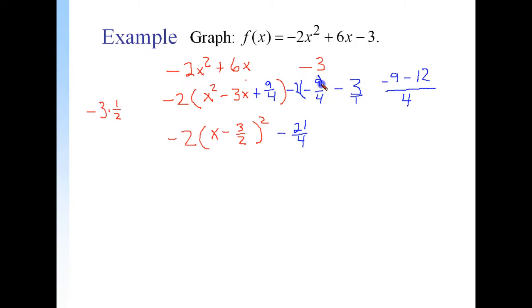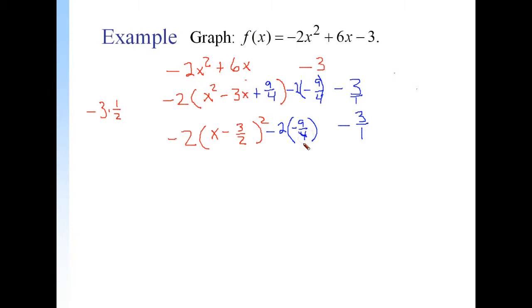There we go. So I have to take a step back here. Yeah, I got a little distracted here. So yes, when I pulled out that -2 and I added my square of this, 9/4, I had to have the -2 there as well to keep that proportional. There you go. So now what happens here?